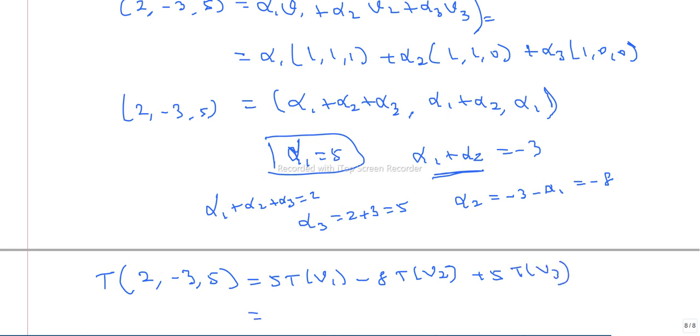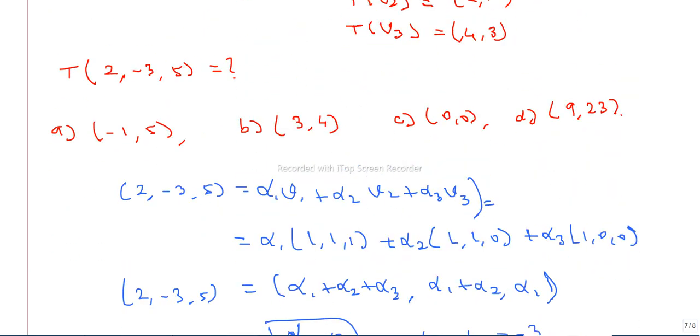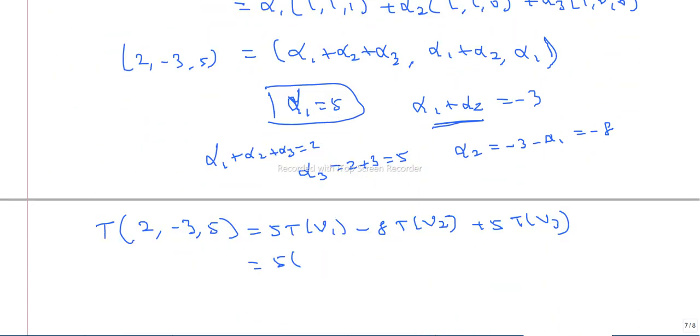T of V1 maps to 1 0, so it should be 5 times 1 comma 0 minus 8 times T of V2, which goes to 2 comma minus 1, and then 5 times T of V3, which maps to 4 comma 3. Okay, so just multiply and then sum.